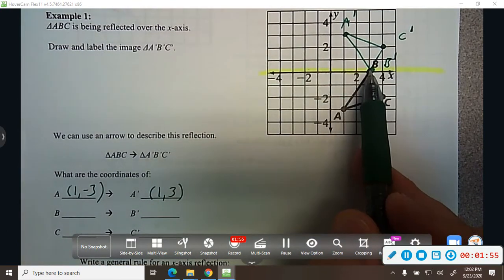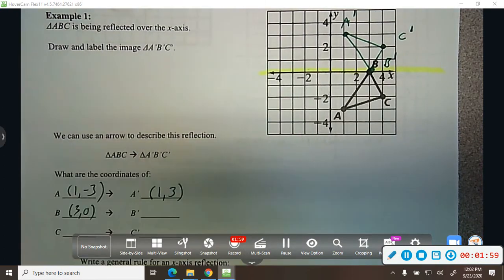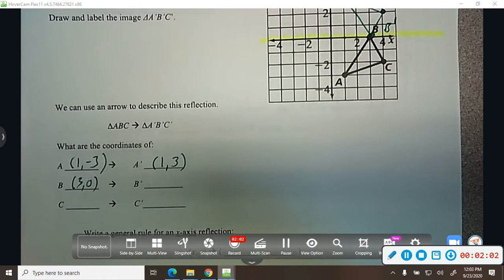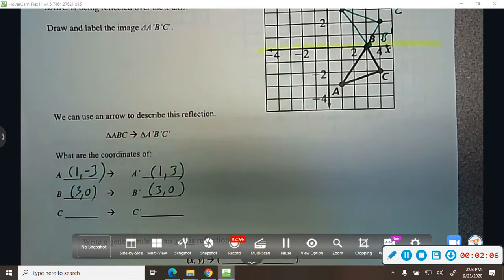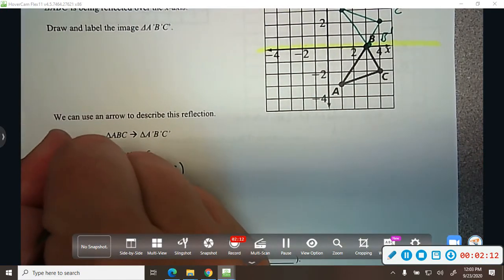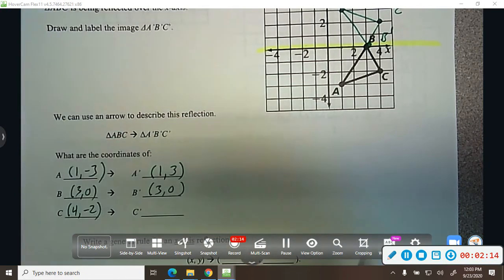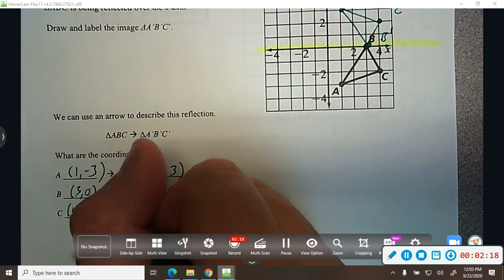And then B was at (3, 0). And because it was on the line of reflection, it stays at (3, 0). And then C started at (4, -2). And then it reflected to (4, 2).